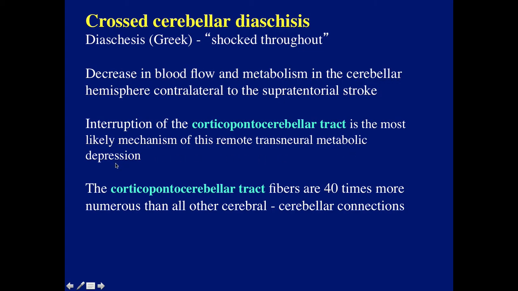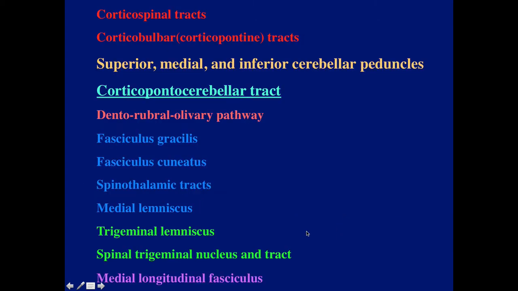You have to also realize that the corticopontocerebellar tract is a massive tract, has 40 times more fibers than all other cerebral cerebellar connections. So again, we're talking about this large corticopontocerebellar tract.